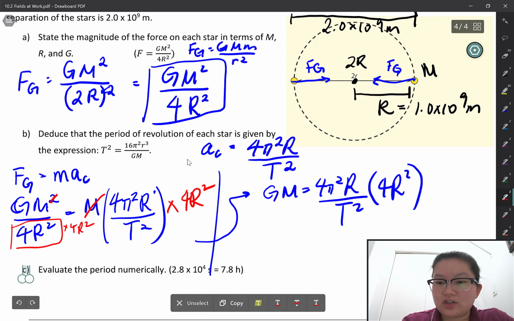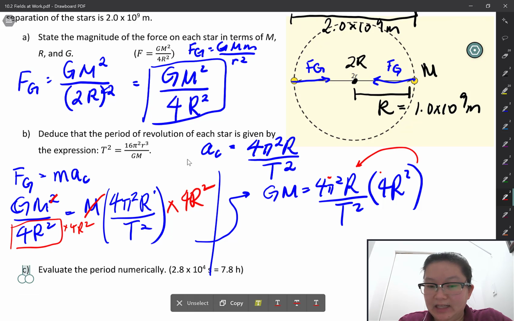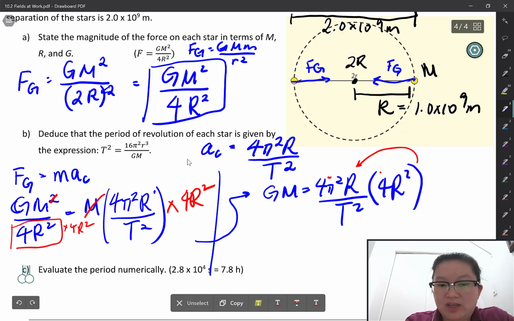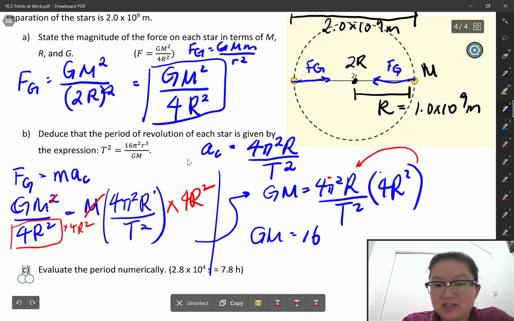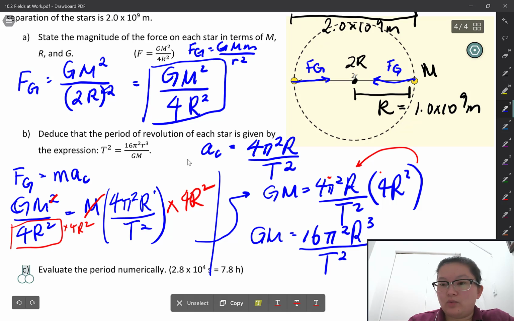So I have R squared and R, that's going to give me R to the power 3. 4 times 4 is going to give me 16. So this is going to give me big G, big M equals 16 pi squared R cubed over period squared.